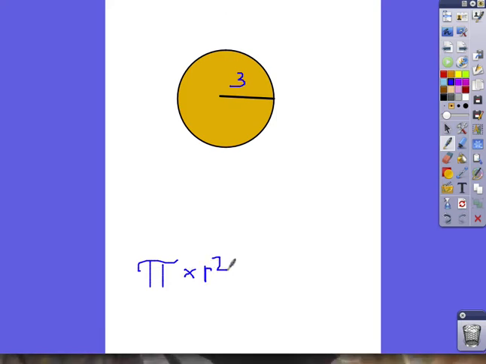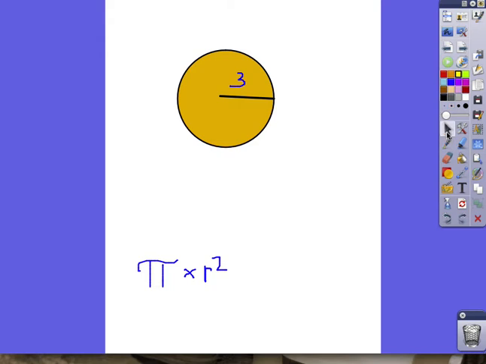So if we have a radius of 3, 3 squared would be 3 times 3, which is equal to 9. And then we would have to do 9 times pi. Well, we can just simplify it, rounding 3.14 to 3. 9 times 3 is 27. So the area of the circle would be 27 units squared.